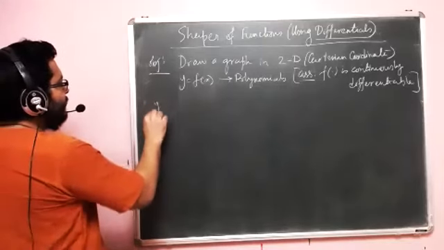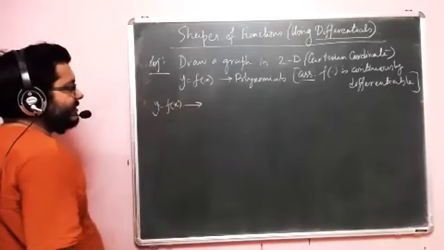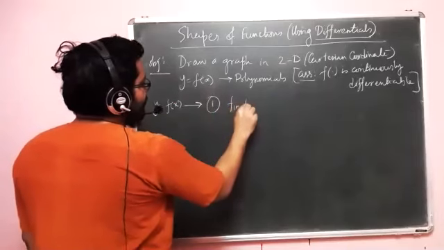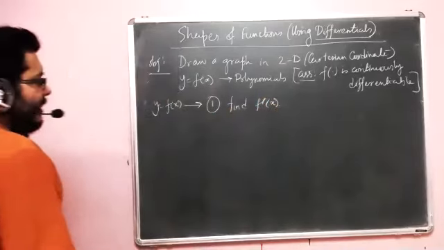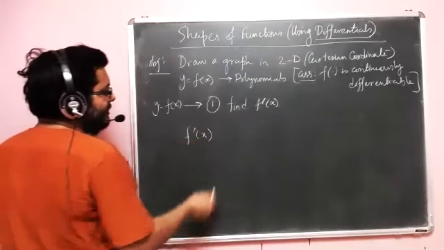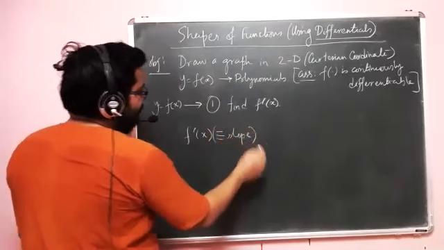So if I have some y equals f of x, my first concentration point is to find f dash x, which is also the slope.